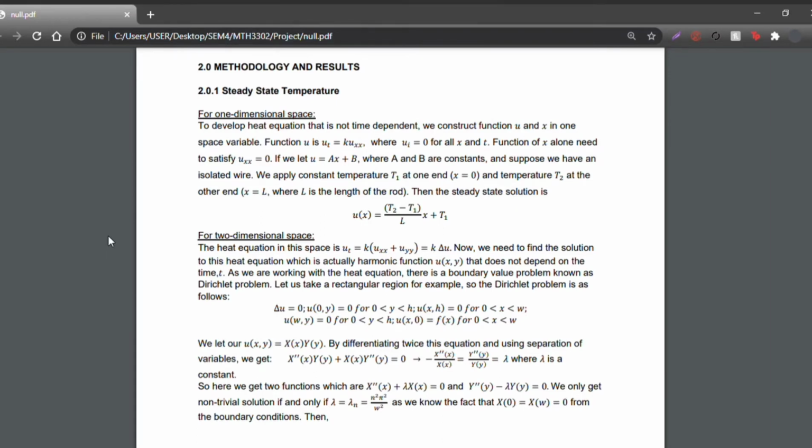Firstly, the first application for the harmonic function is the steady state temperature, where there are two dimensions that are going to be explained.